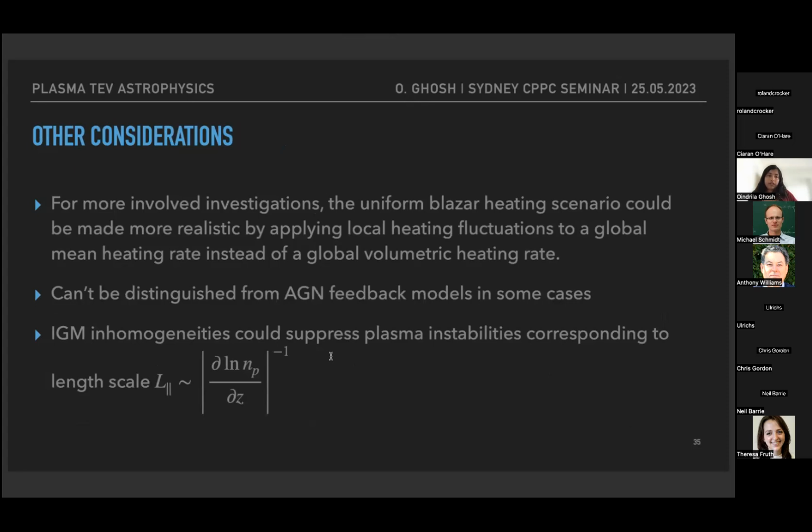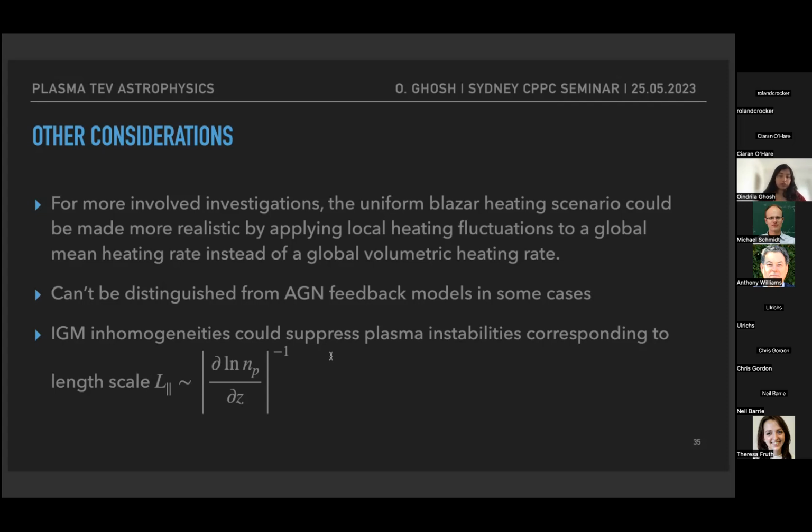And I would finish with things that I did not discuss here. So I considered the global blazar heating, which is supposedly uniform in all patches of the sky. However, this could be more refined using a patchy blazar heating formalism.